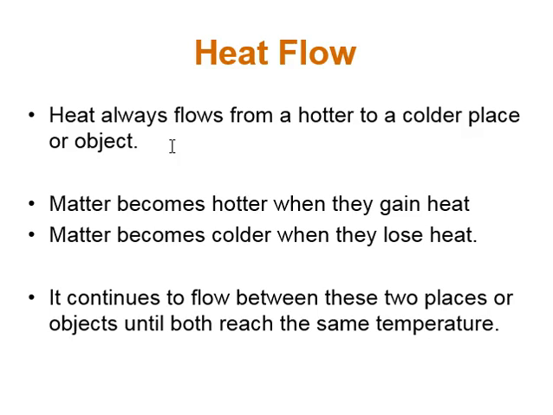All that, using different words, actually mean the same: that heat flows from where there's more heat energy to areas where there is less heat energy. And it continues to flow between these two places, these two objects or these two regions, until both reach the same temperature.